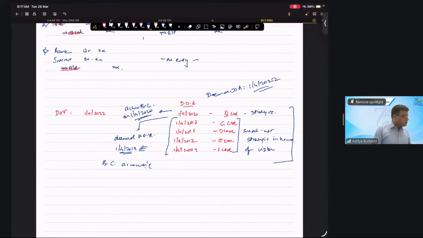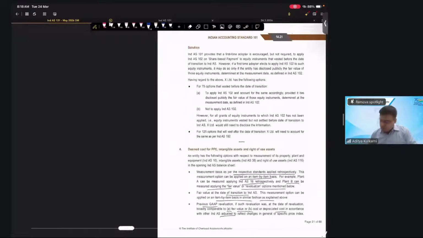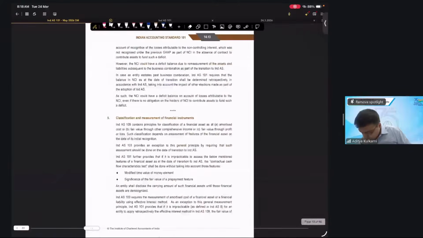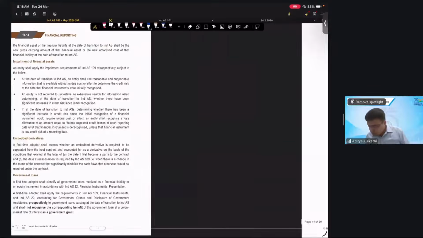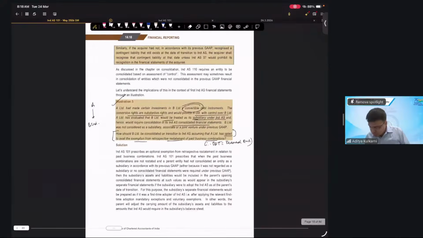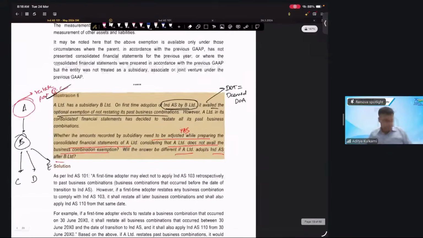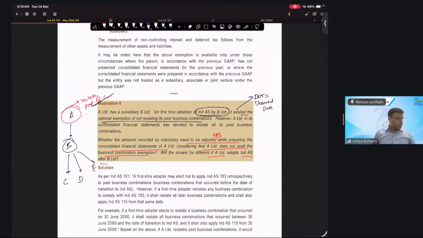Okay. A Limited has a subsidiary B Limited.